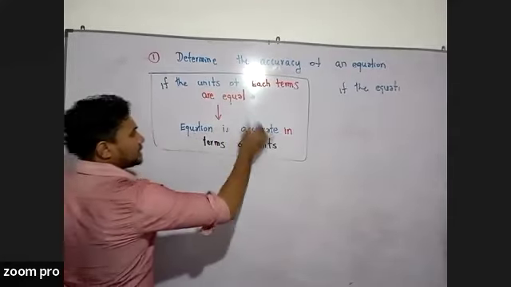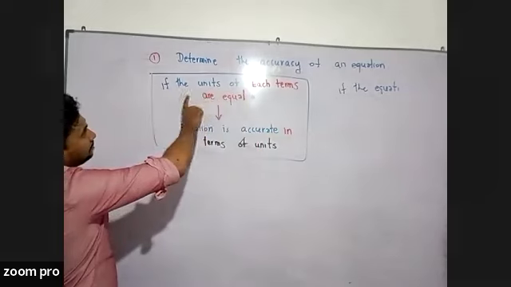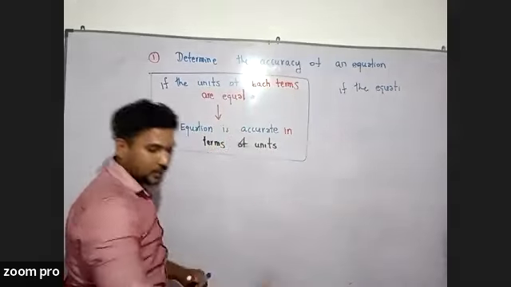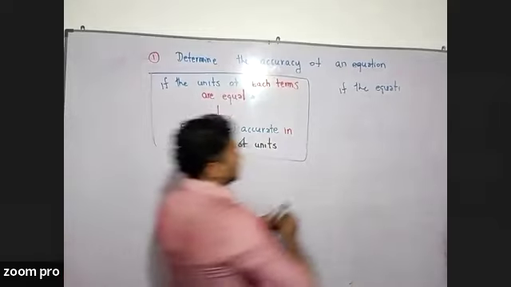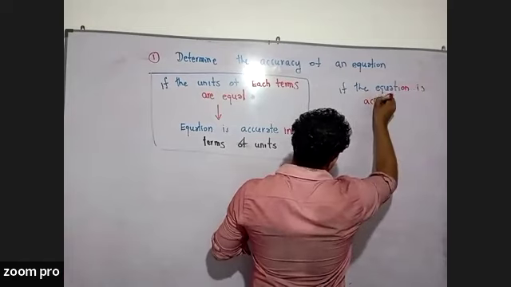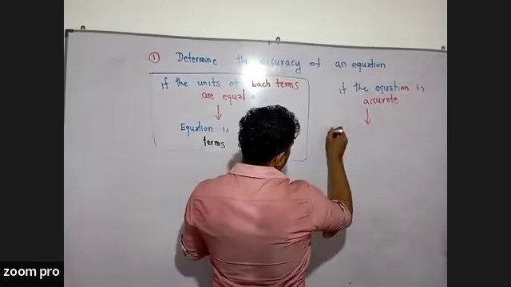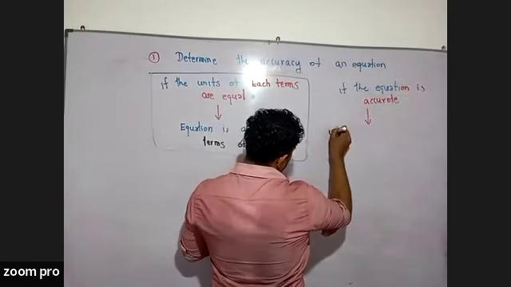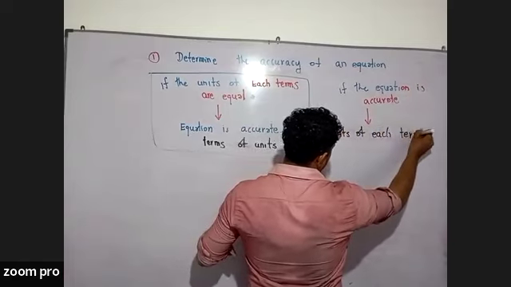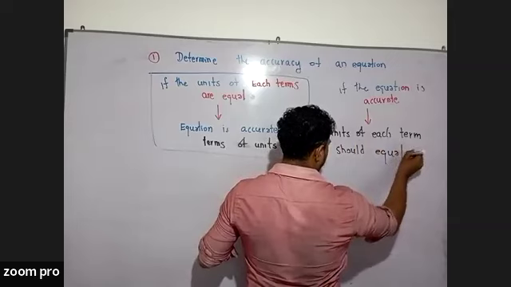If the equation is accurate, then what should be the other thing that you need to satisfy? The units of each term should be equal, right? So if the equation is accurate, then we can consider that the units of each term should be equal, right?